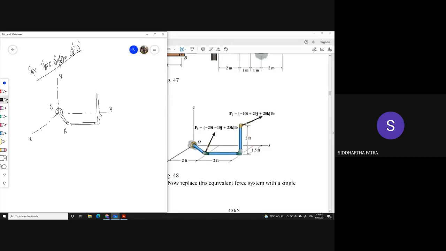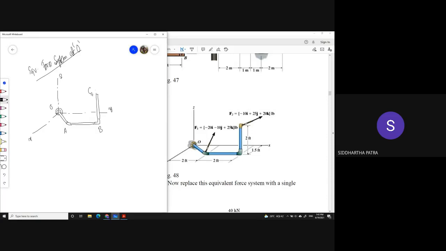That's where all the bending ends, and then there is a tip of the pipe. So I'm just labeling them as A, B, and C.